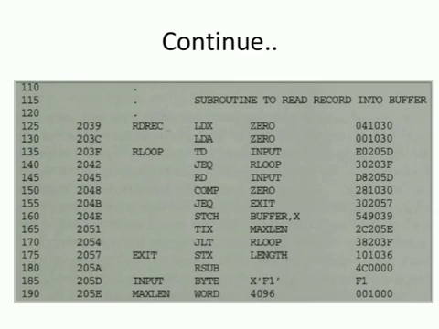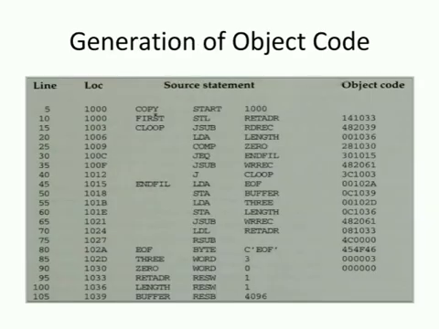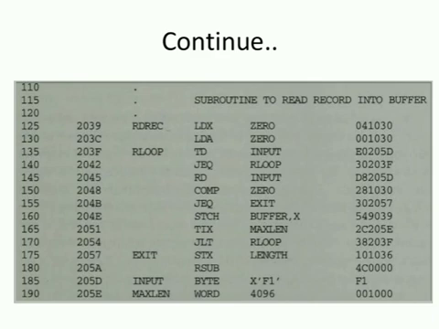Now how do we calculate the object code for line 160? So 54 is the STCH opcode. 54 will be converted into a binary number, the x value is 1, and 1039 will also be converted into a binary number, and it will be stored as a 15-bit number. Remember, it is a 16-bit number, but we have to store it in 15 bits, discarding the leftmost digit.